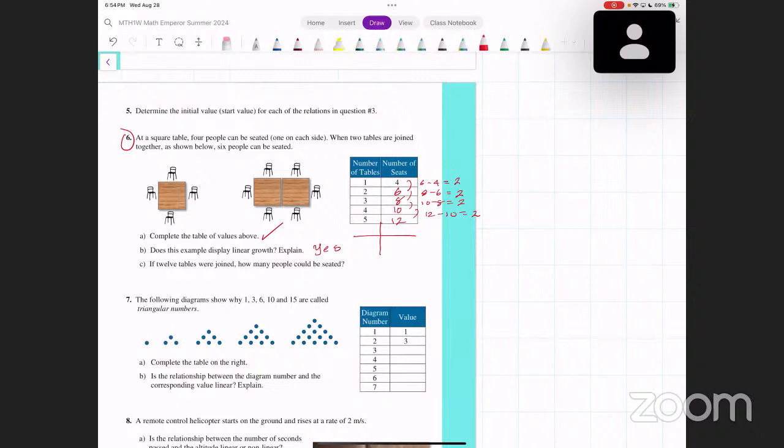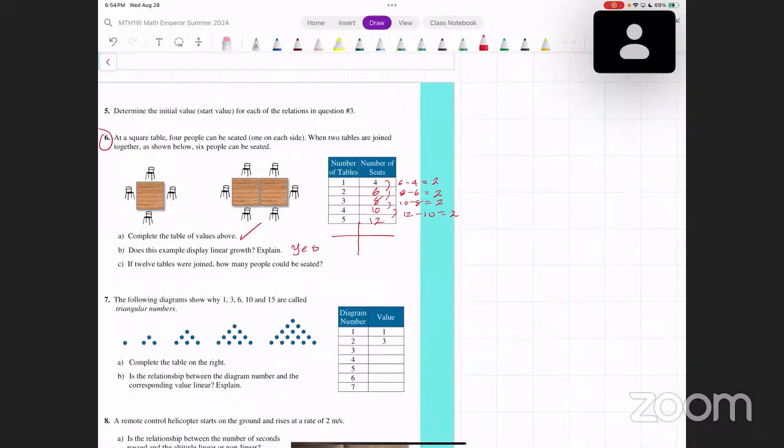How much? You got 26. How did you get the answer? You multiply 2. So where is the 26 coming from? You multiply 2 by.